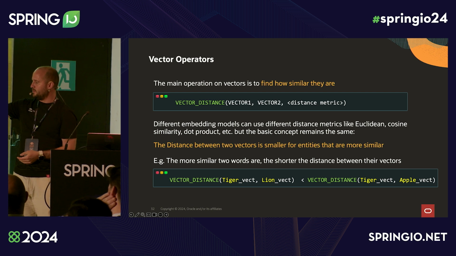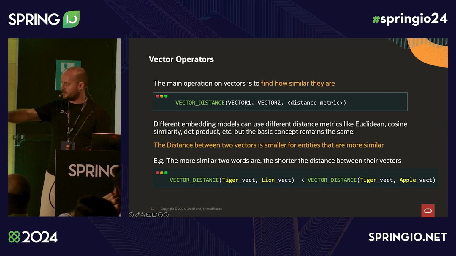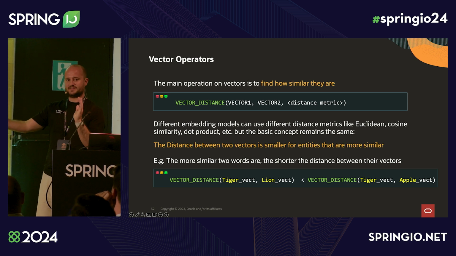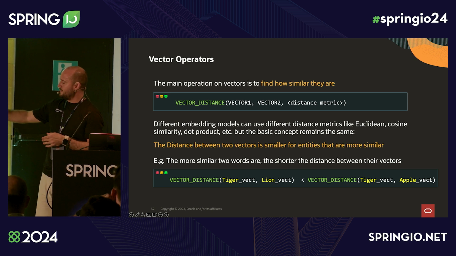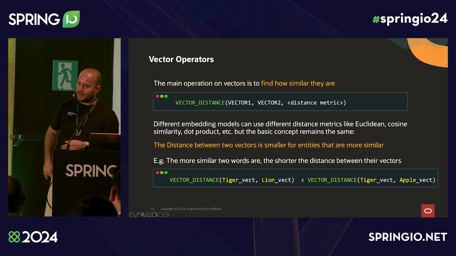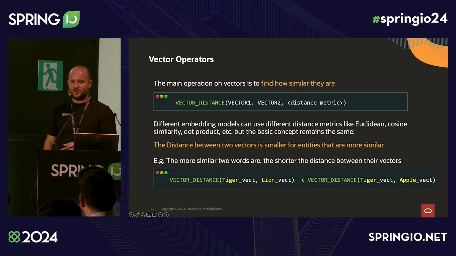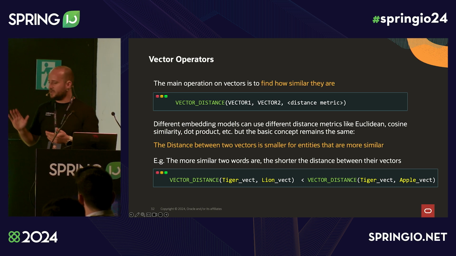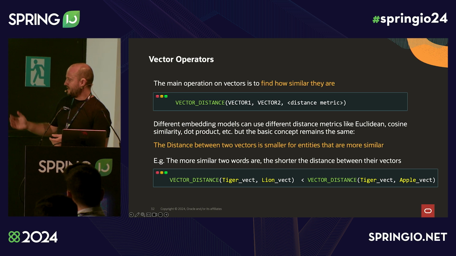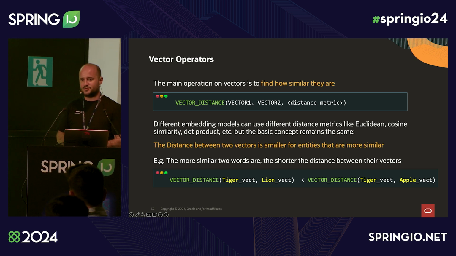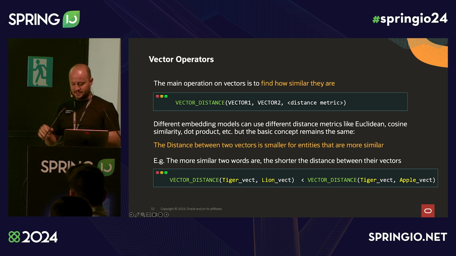One example at the bottom will be the vector distance between a tiger vector and a lion vector, which will always be closer than the comparison with a tiger and an apple. Okay, apple could be a PDF document, and the other one can be an invoice, and you are comparing. Actually, tiger could be a sum, the other one could be a sum as well, and you are comparing unstructured data just like that.